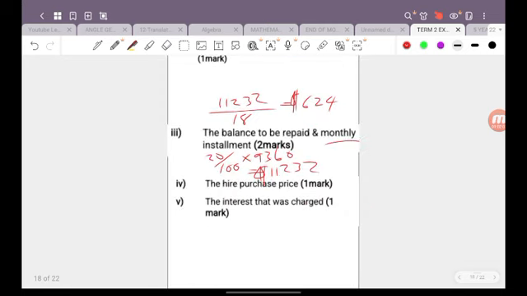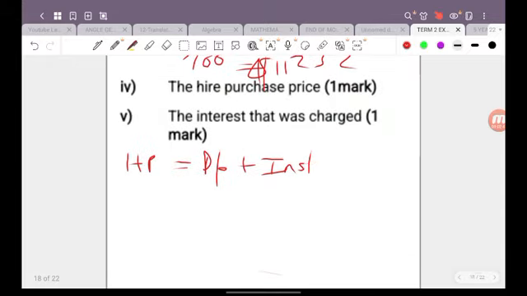And then now they want the hire purchase price. So bear in mind, let's go back to the formula for hire purchase. Hire purchase is equal to deposit plus installment times time.